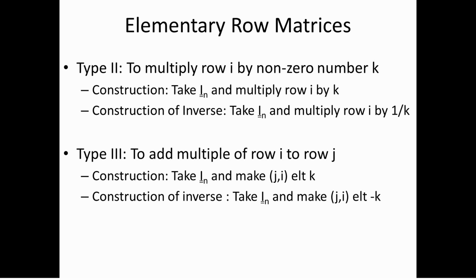How do we undo it? Well, we subtract the same multiple of row i from row j. So now if I take that same identity matrix and simply make the jth, ith element minus k, that's going to be the inverse. And again, I leave it to you as an exercise to show that this is the inverse, in fact. Okay?